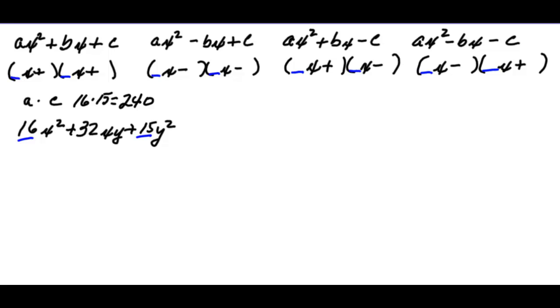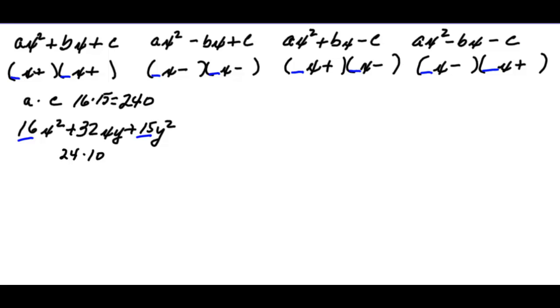Pretty powerful number. Now I want to take that 240 and ask, what two numbers when multiplied together will give me 240 and when added together will give me 32? Well, obviously 240 and 1 won't work, or 120 and 2 won't work. But what if we took 24 times 10?